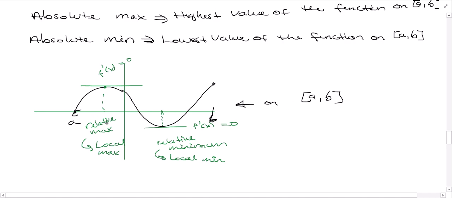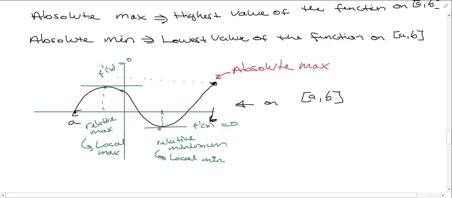Notice that we still have local mins and local max, but now we also have an absolute maximum. This point appears higher than the local max, so this over here will be an absolute max, the highest value of the function.